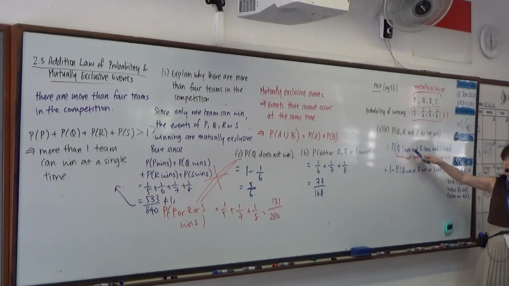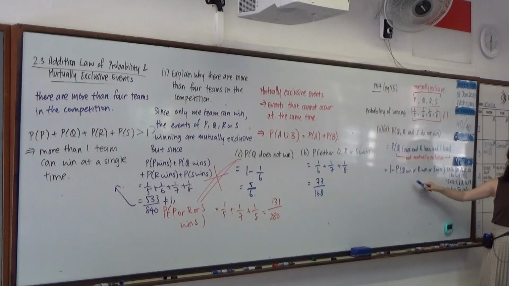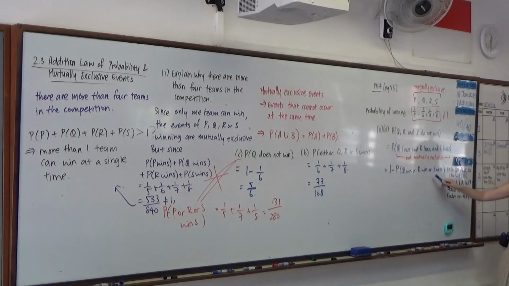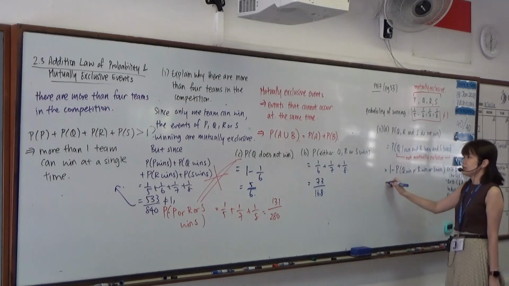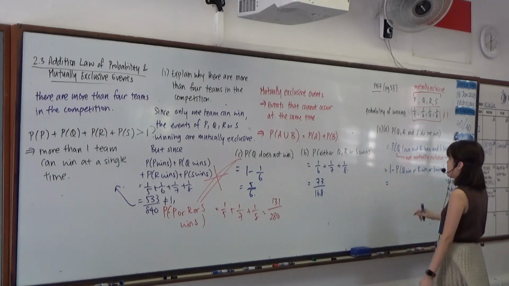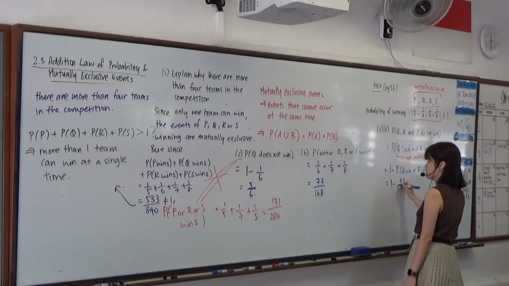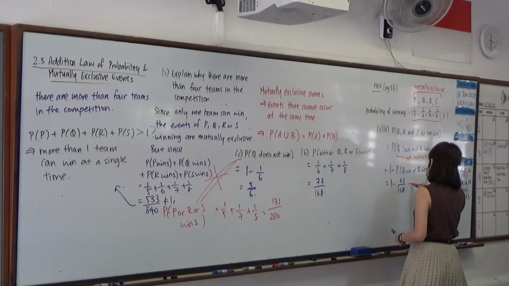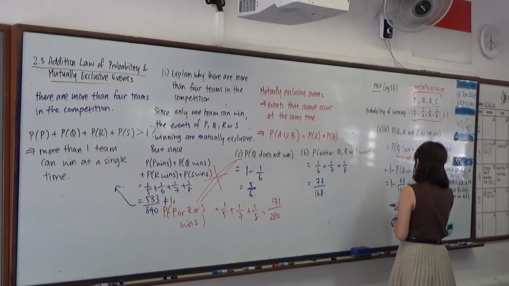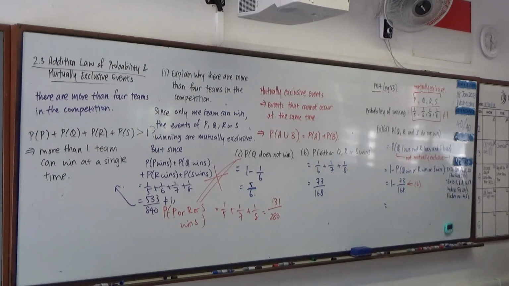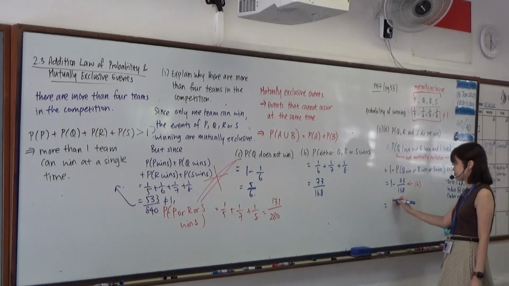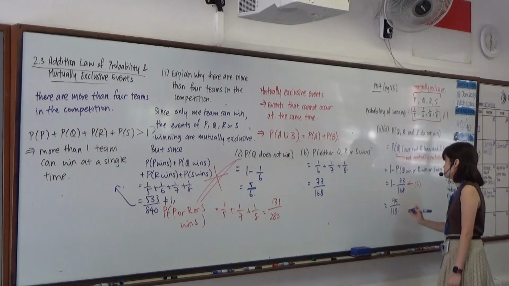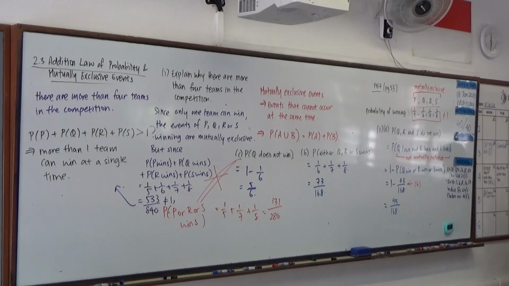What we learned in sets: complement of intersection becomes union, union becomes intersection. So 1 minus Q win, R win, or S win. That is actually your answer over here in part B, and that will be 95 over 160.